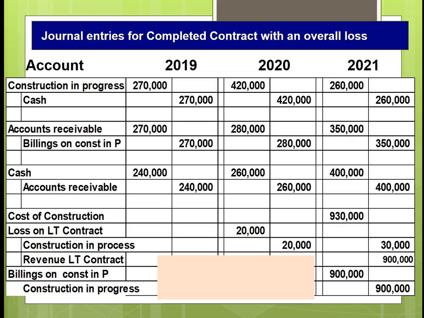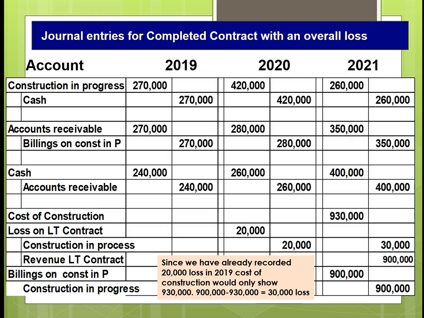Again, all we would do is record our construction in progress, billings on construction, and any cash we received, but no revenue. But we would record our loss in 2020 and 2021, and then finally record the revenue. Remember that when you're doing your homework and it says that it doesn't qualify for percentage of completion, you cannot book any revenue, only the loss.